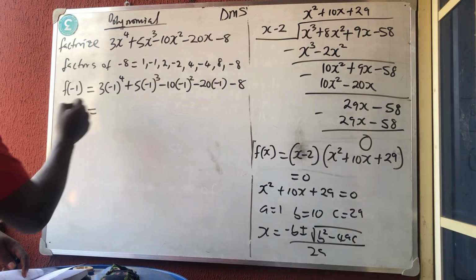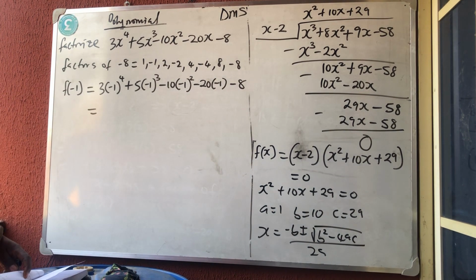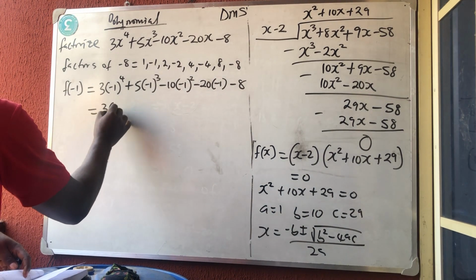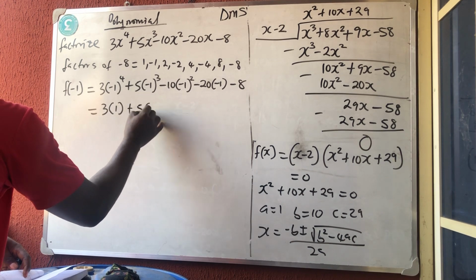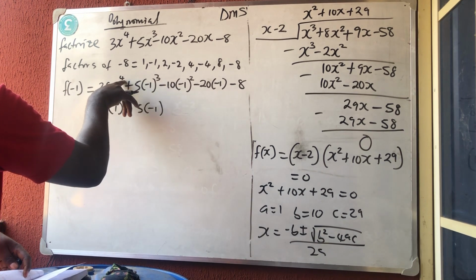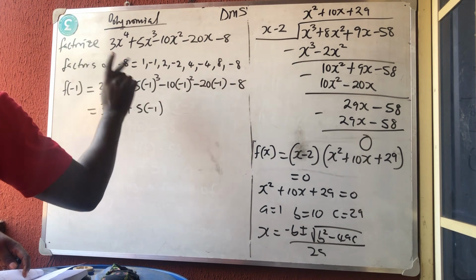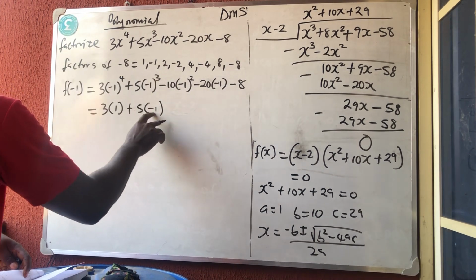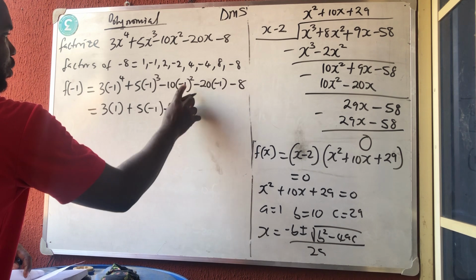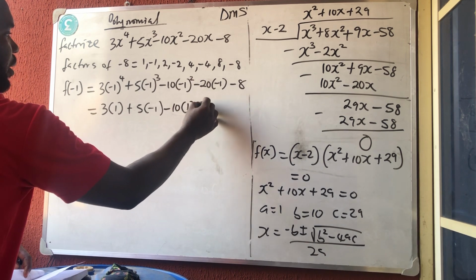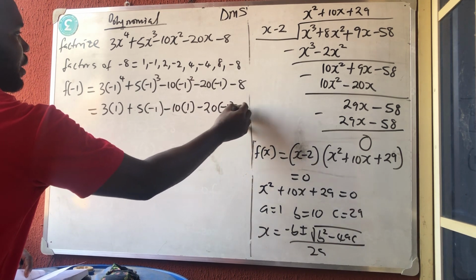So let's check what is going to give us. This is 3 into 1 plus 5 into minus 1, because if the power is an even number, the minus will disappear, but if the power is an odd number, the minus will remain. So I'm having minus 10 into, this is even, the minus disappears, minus 20 into minus 1 and minus 8.